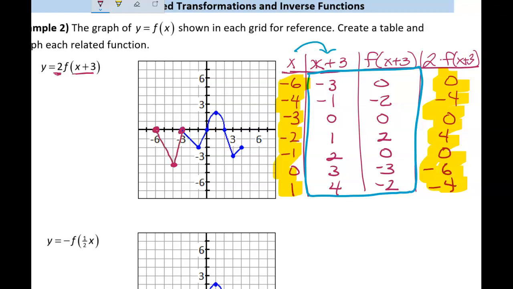So here's what we have so far. -2, 4, -1, 0. This is that curved part of the graph. And then 0, -6. Line segment to connect those two, and 1, -4, and a line segment to connect those two. So you can see we have a translation left 3 and also a vertical stretch.